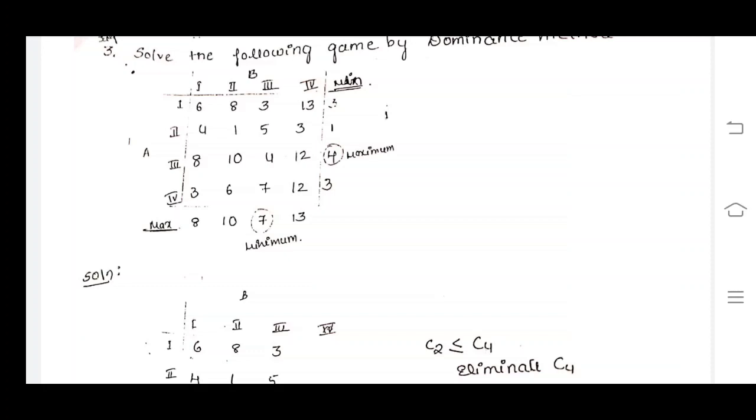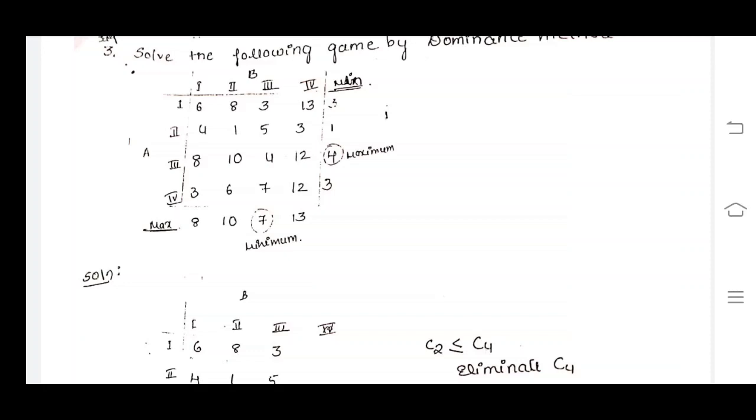The second column is compared again with the fourth column: 8 is less than 13, 1 is less than 3, 10 is less than 12 and 6 is also less than 12. All the elements in column 2 are less than or equal to the elements of column 4.